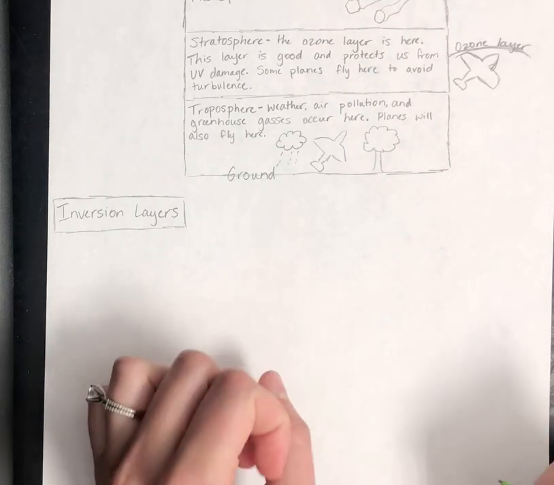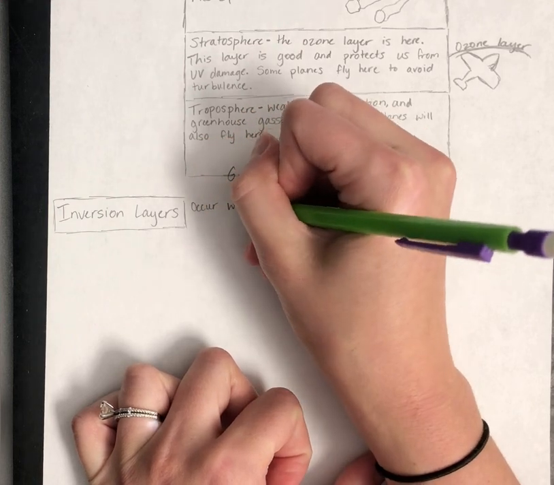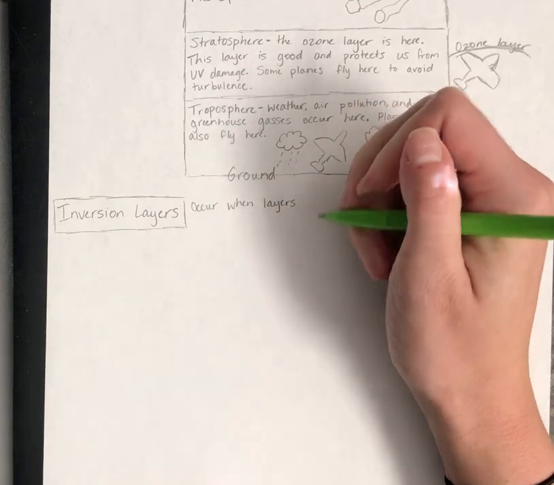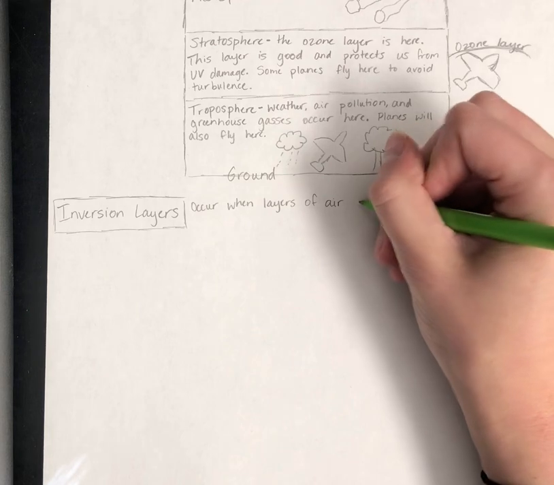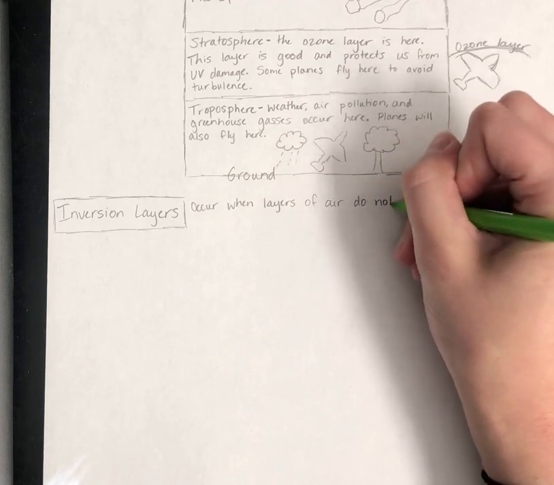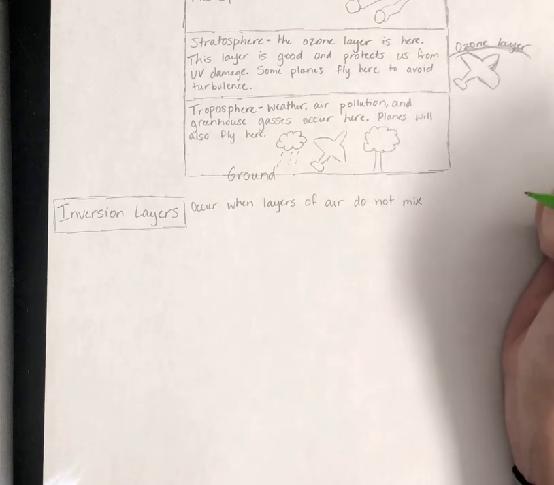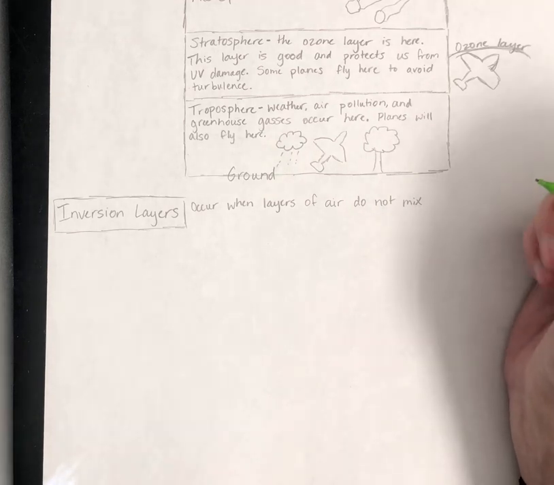So inversion layers occur when layers of air do not mix. One of the reasons for this is because they are different temperatures and therefore different densities. So some air is heavier than others.